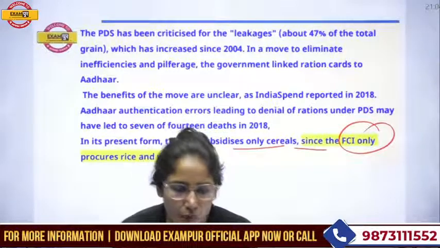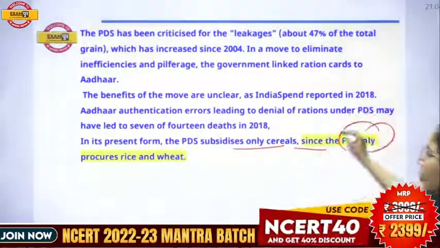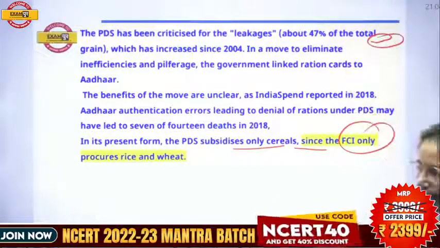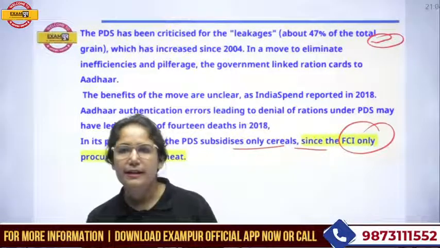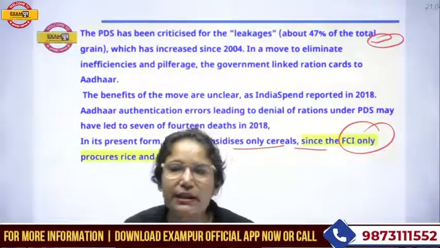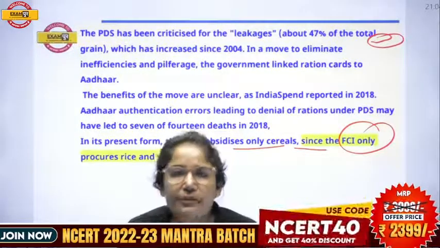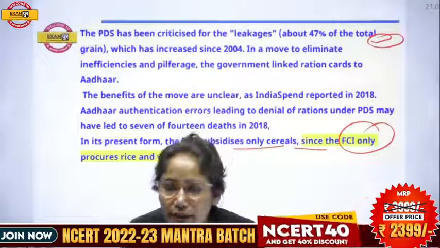We see lots of leakages under the program, and 47% makes a huge difference. If such inefficiencies continue, it is not at all sustainable.